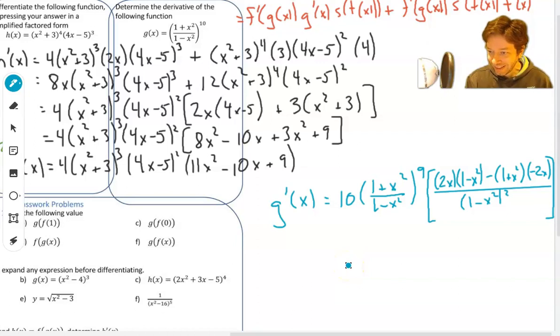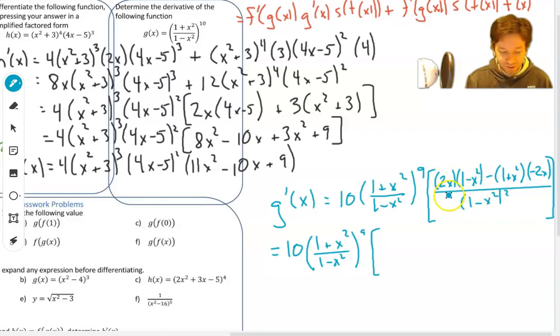So now we're just going to clean this up, and I'm just going to put the equal sign over here so I have a little more room there. So we have 10 times (1 plus x squared) all over (1 minus x squared) to the power of 9. So let's clean up this large bracket here. So we'll expand the numerator, so we have 2x minus 2x cubed.